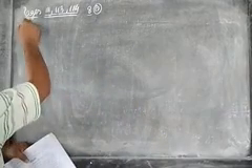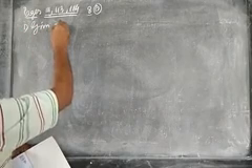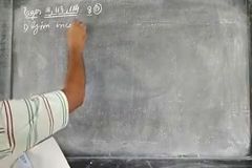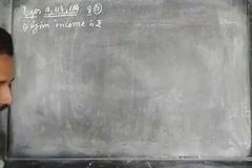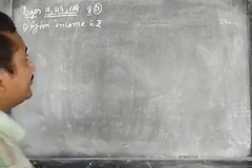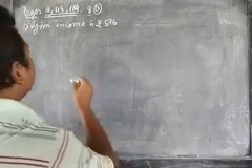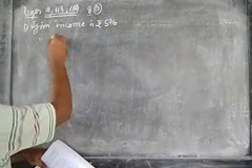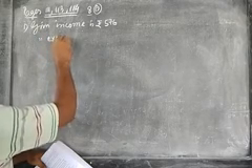So, question number 1 is given. Income is rupees 576. 576 is the income. Given expenditure, spending means expenditure.